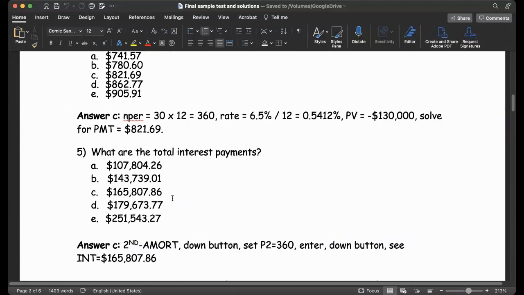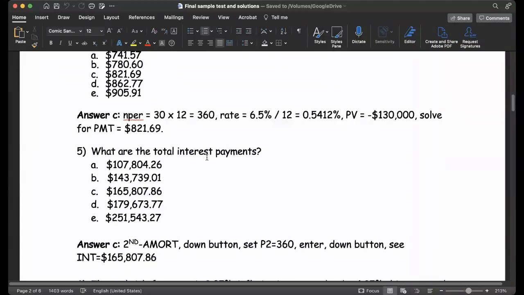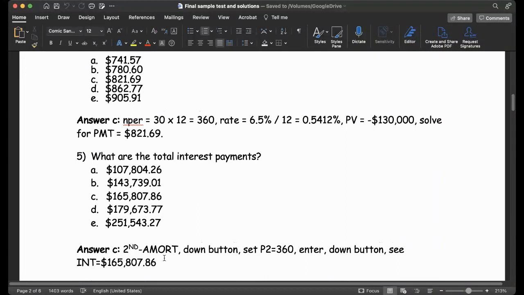And if you're looking for total interest payments, you need to use the amortization table. You should press second amortization, press down button, set PV to 360. Remember P1 is the starting period, it should be 1. P2 is the ending period, 360, because we have this many months.